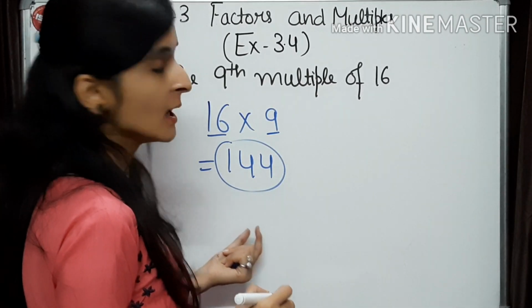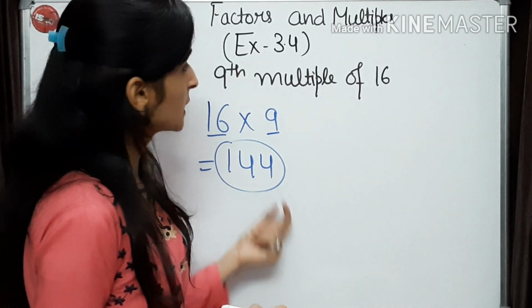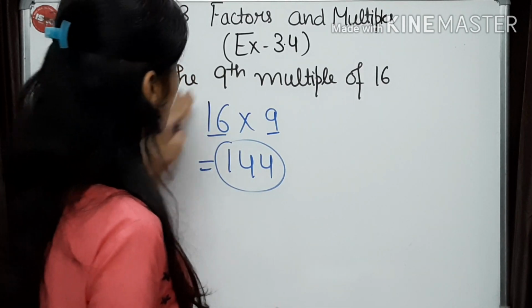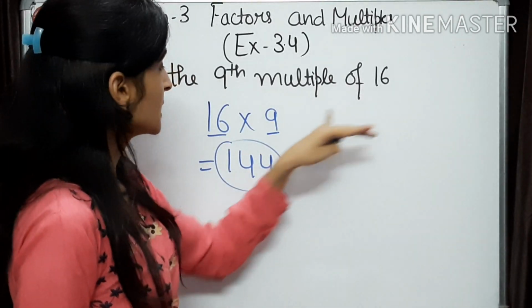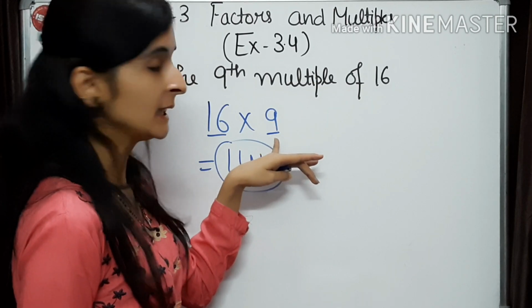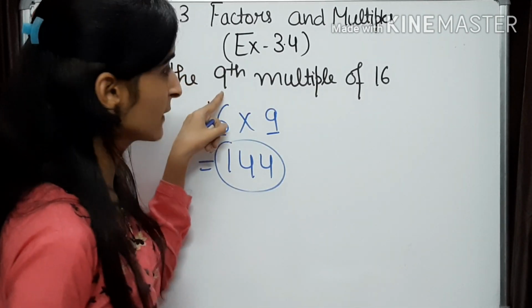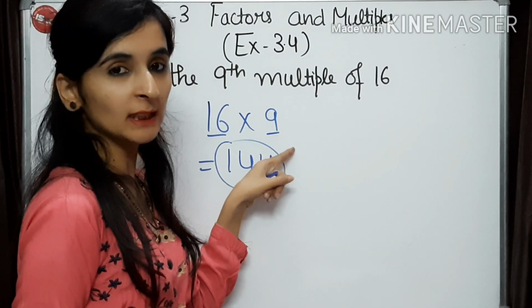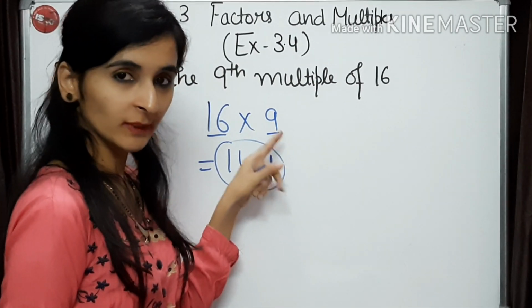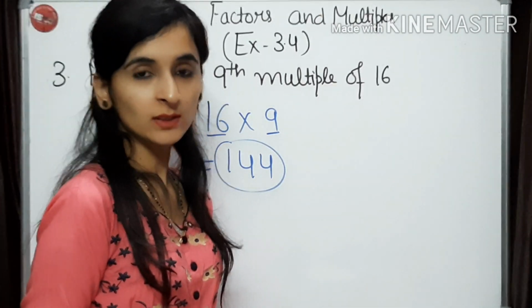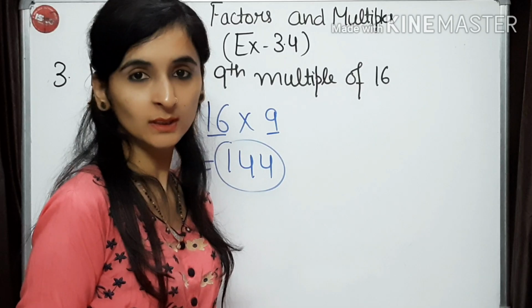So this is the method to find these kinds of multiples. Suppose you are asked to find the 8th multiple of 16, then we will multiply by 8. If you have to find the 7th multiple, then you will multiply by 7. So likewise we can solve these kinds of questions. Now let's move to the next question.